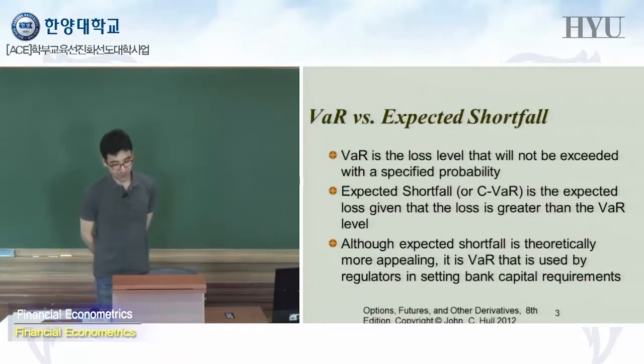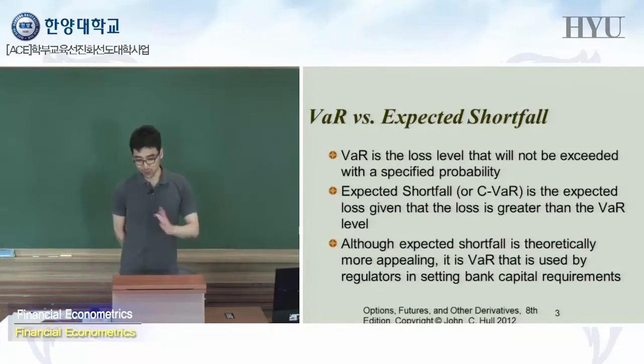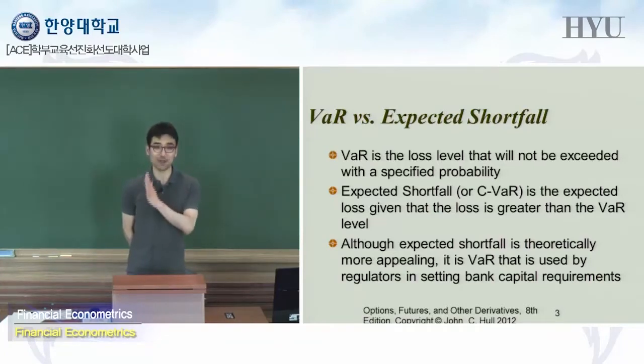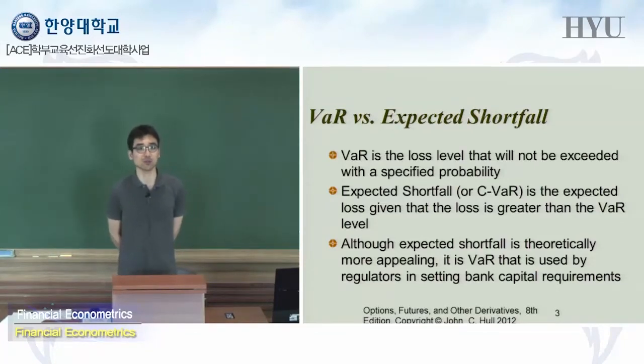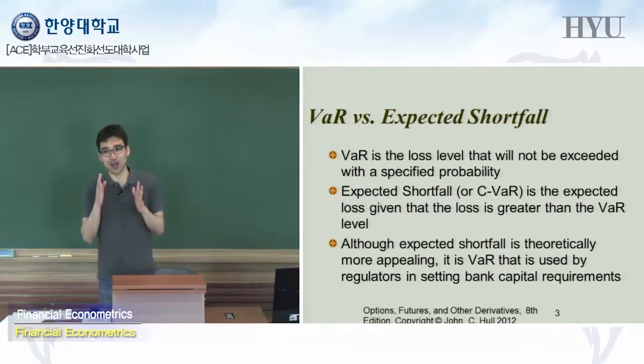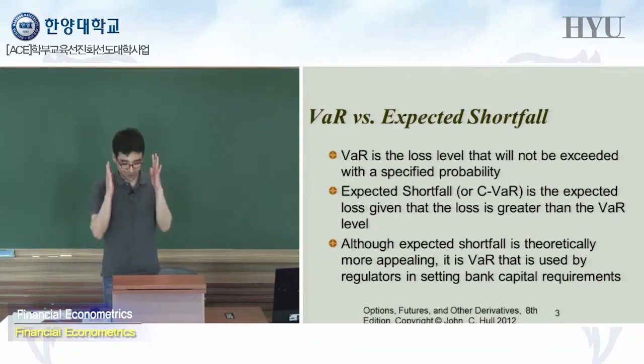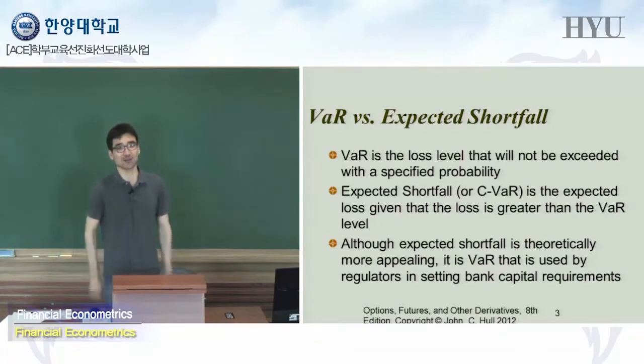C bar is the expected loss, not a level but an amount, given that the loss is greater than the value at risk level. So it is a conditional expectation, conditional on our loss being greater than a certain level, and that certain level is called value at risk.